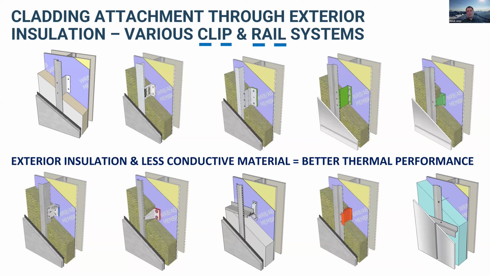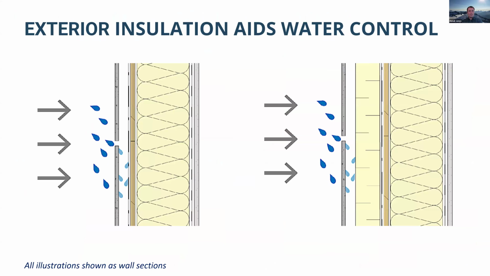Basically just different ways to have less metal going through your insulation. Lots of different ways to do it. Right? So clips and rails, they could be horizontal rails, vertical rails, all sorts of different types of clips. But lots of different better ways to do that now.